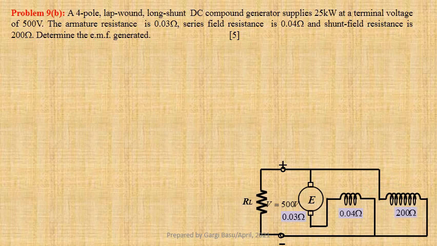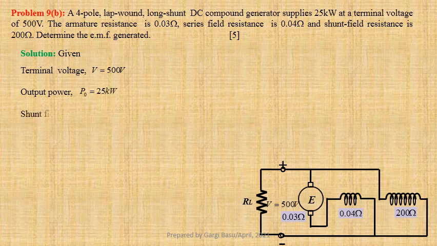We have to calculate the generated EMF. Let us first jot down the given data. Terminal voltage V equals 500 volts. Output power PO equals 25 kilowatt. Given shunt field resistance RSH equals 200 ohm.